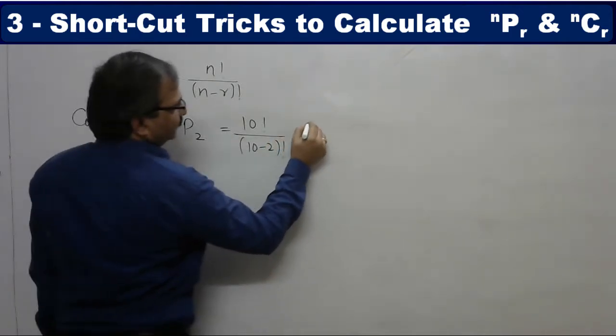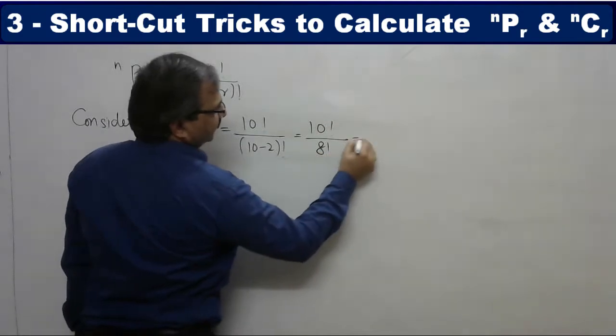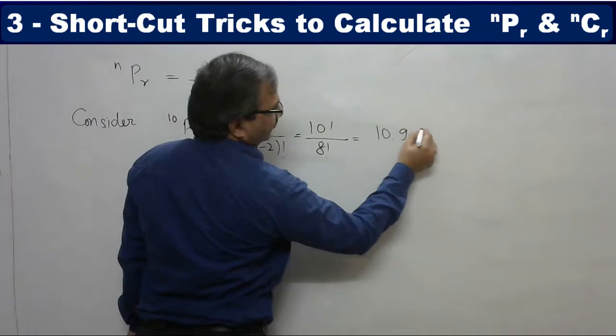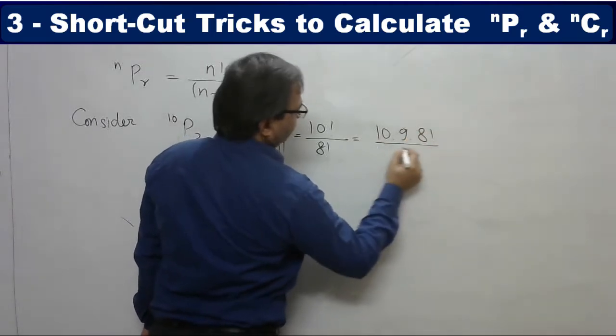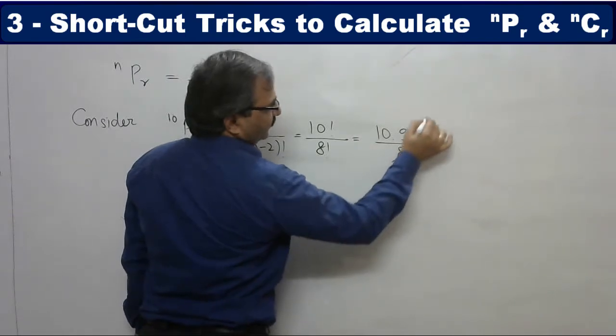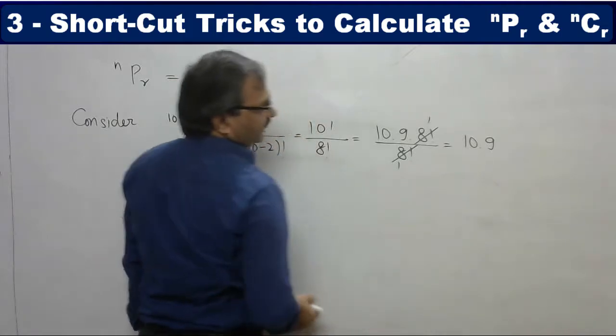So this will be equal to 10 factorial upon 8 factorial, and this will be equal to 10 into 9 into 8 factorial upon 8 factorial. Now 8 factorial and 8 factorial will get cancelled and you will get 10 into 9 as the answer.